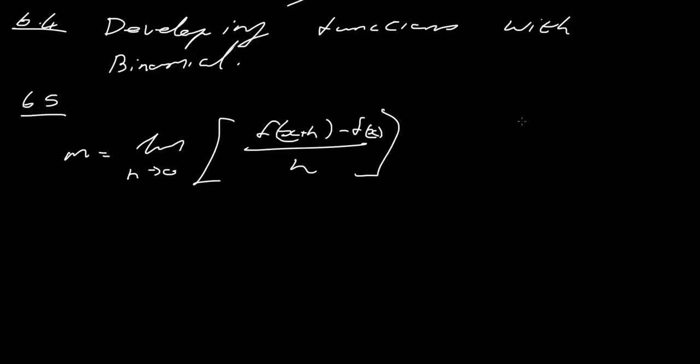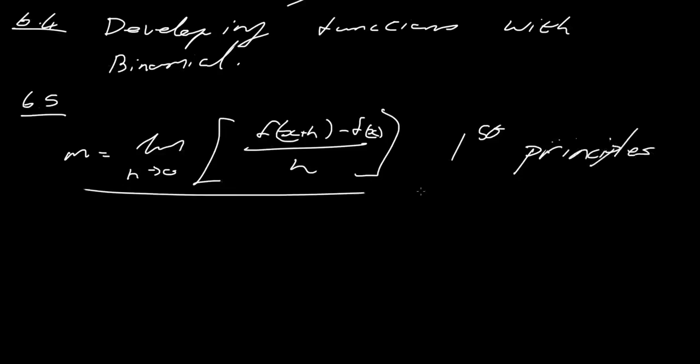Okay, so this is first principles. Okay, the next section that we're going to do is actually just called ordinary differentiation, and this is the easiest and best way to differentiate. First principles is just to teach you the concept, and that's it. So, ordinary differentiation. Okay.